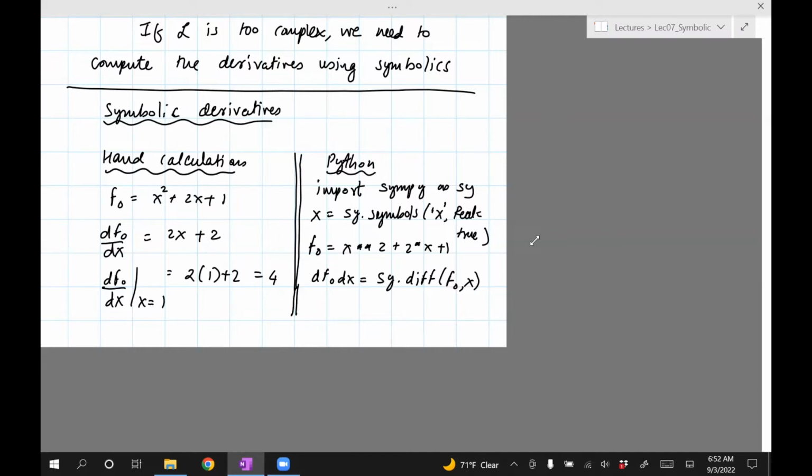We need to find its value at x equals 1. For that, we say df0 dx dot subs x, we give it the value of 1, and then it'll actually give me the value. So if you want to see it, then you say print. Let's see how this will look in Python.